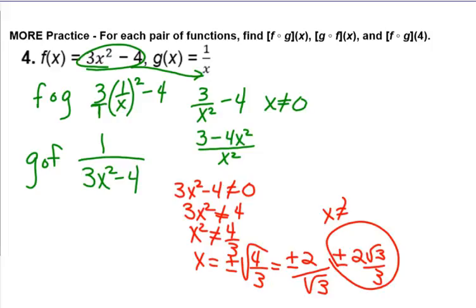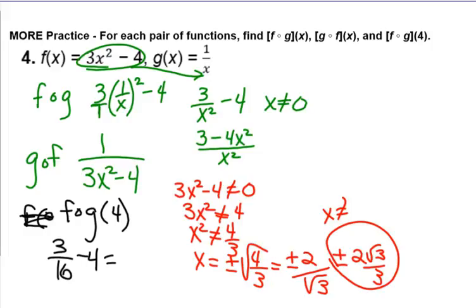Okay, guys, let's finish this up. F of g of 4. Okay, remember we can just put it into our rule for f of g if we want. 3 over 16. Type it on your calculator. Do a math, enter, enter.